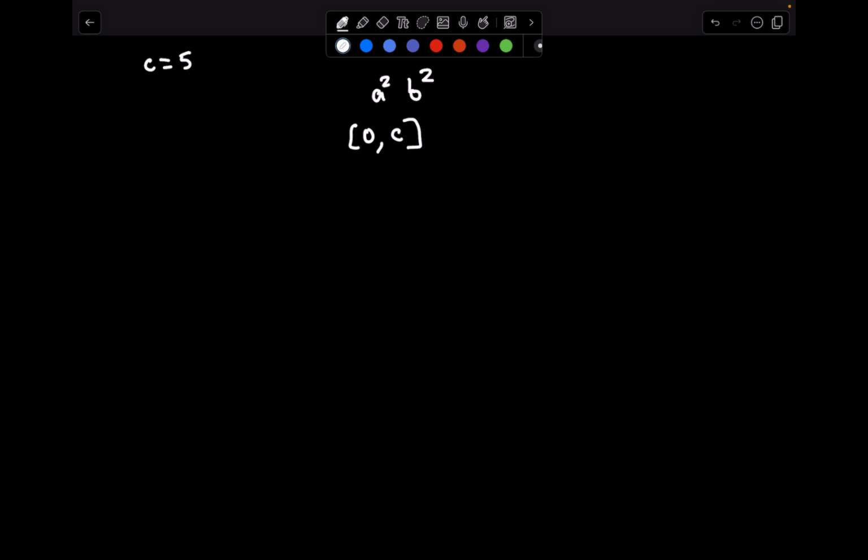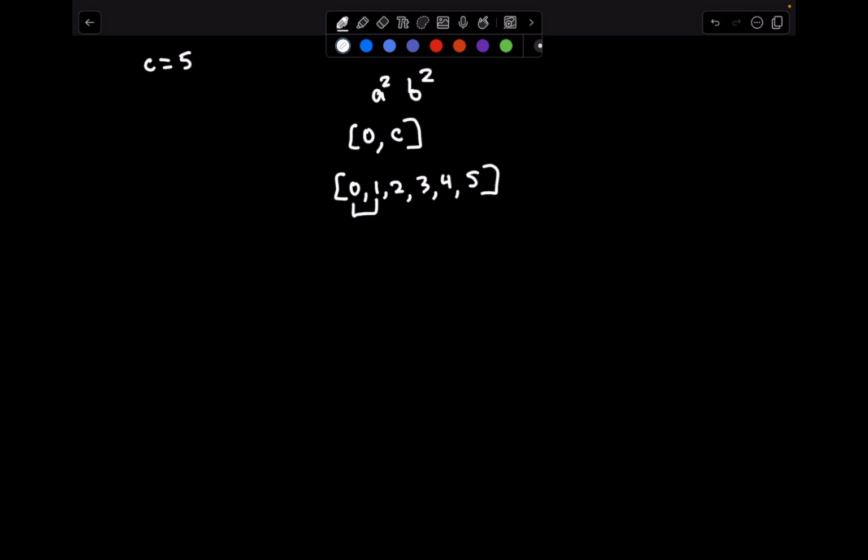So, let's see what this looks like. This obviously simplifies it further, but let me just show you what we can do. So let's say we have, because c is equal to 5, we have 0, 1, 2, 3, 4, and 5, right? Now, what we could do is we could have two for loops like this.